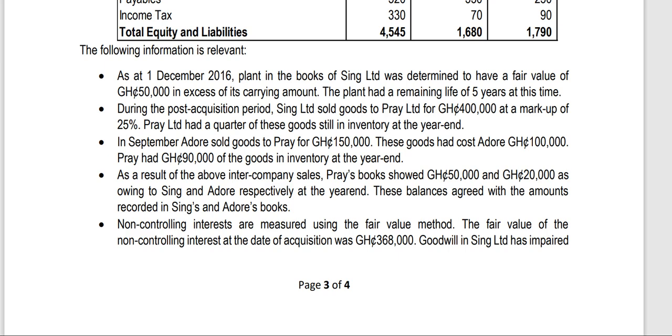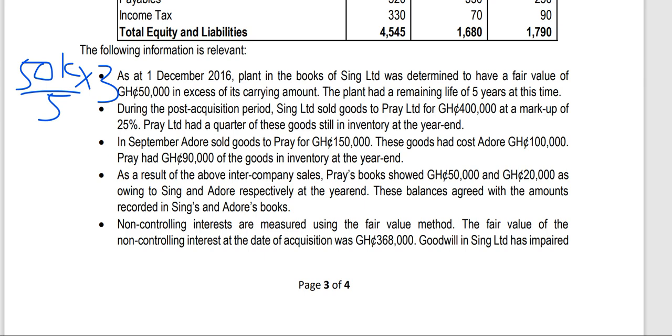The plant had a remaining life of 5 years at this time. And so you must remember 50,000, fair value of 50,000 divided by 5 years. And because we are consolidating for 3 years, that will go for 3 years. Under working 2, fair value adjustment, and then the depreciation on that.